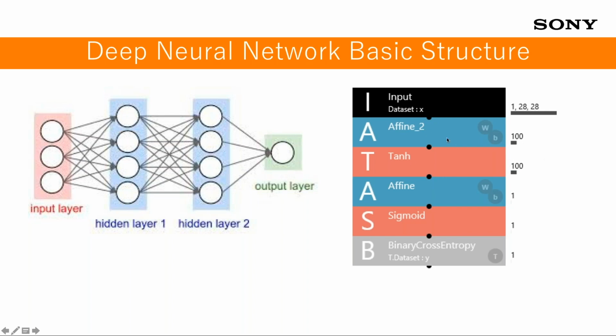And then for the affine layer, you have 100 inputs, and the same goes to 10. And then at the last level, it's going to be 1 input and 1 output, and then you see 1 output for the binary cross entropy. So this is just to give you the overview. I will go through this in more detail in the next slide, and by the end of this section, you will have a good feeling about each of these blocks.